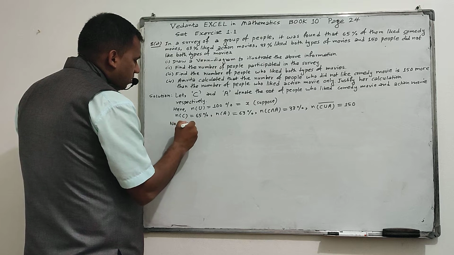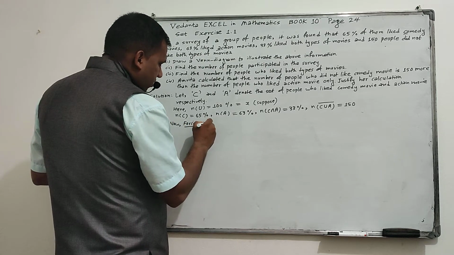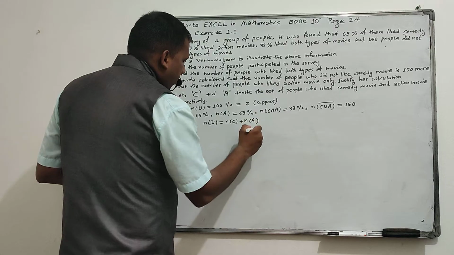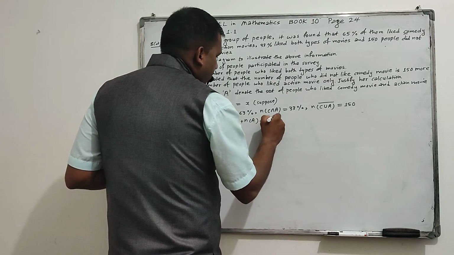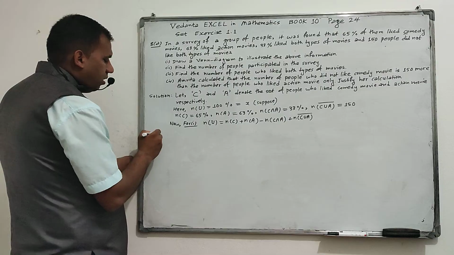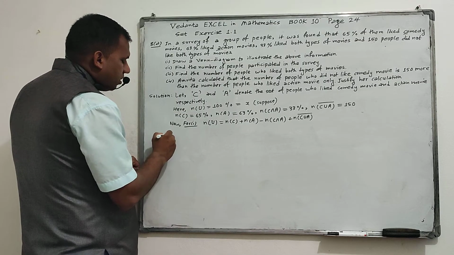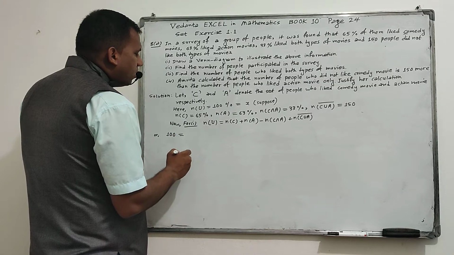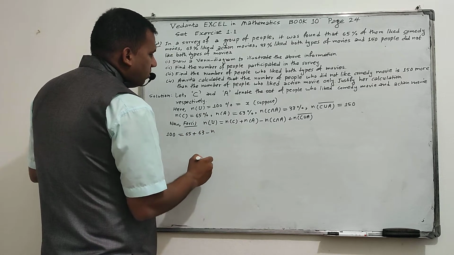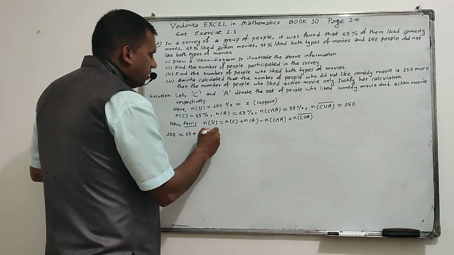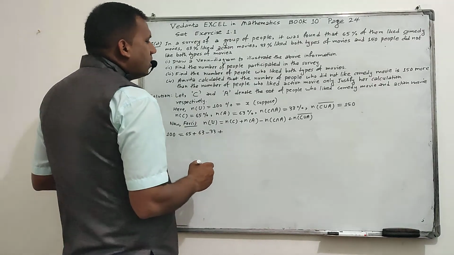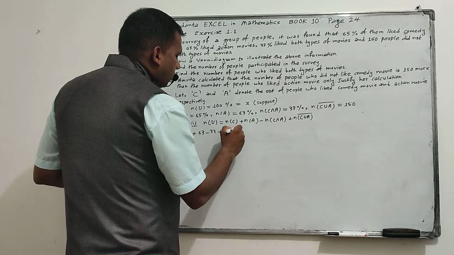Now for 1, we know that n(U) equals n(C) plus n(A) minus n(C intersection A) plus n((C union A) complement). In percent, 100 equals n(C), that is 65, plus n(A), that is 63, minus n(C intersection A), that is 33, plus n((C union A) complement).